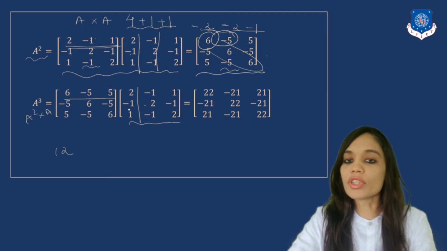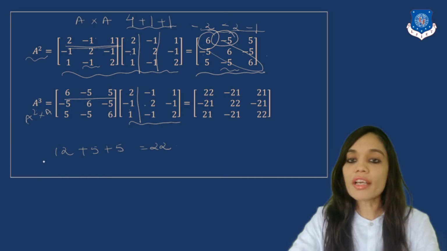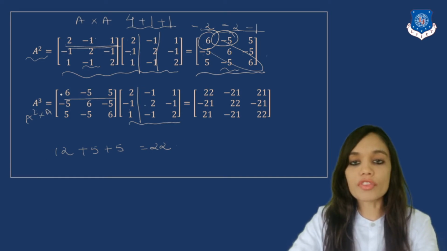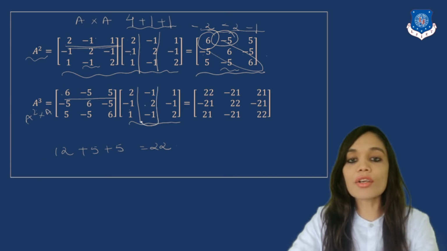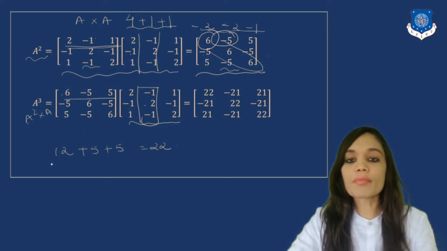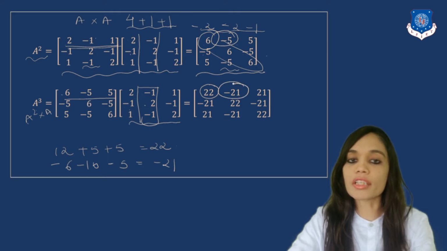Then here you will get plus 5 and plus 5. So you will get your answer as 22. Again consider the first row of this matrix and the second column of this matrix, right? So what you will get? Minus 6, minus 10, right? And lastly you will get minus 5. So the answer will be minus 21. So the answers are 22 and minus 21.